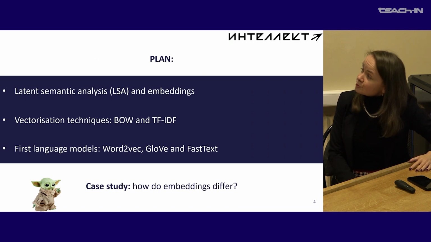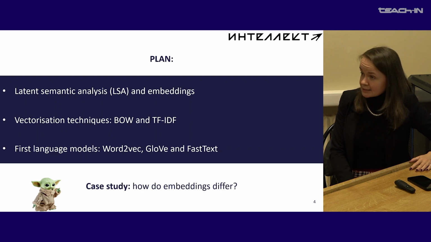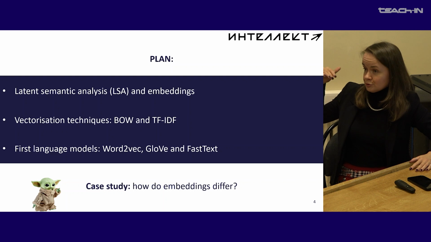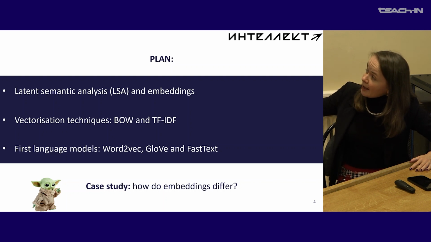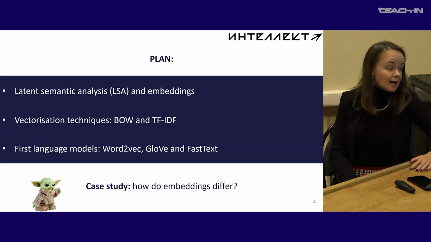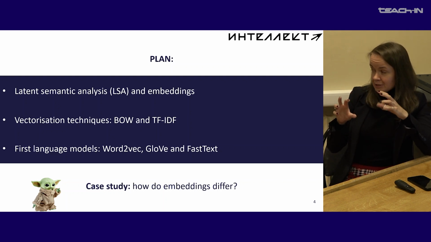To figure it out, we will start with some theory of latent semantic analysis, the procedure behind almost all those models. Then we will try out two very simple vectorization techniques, which are called bag of words, BOW, and TF-IDF, which stands for term frequency inverse document frequency. So we will try little code snippets today.